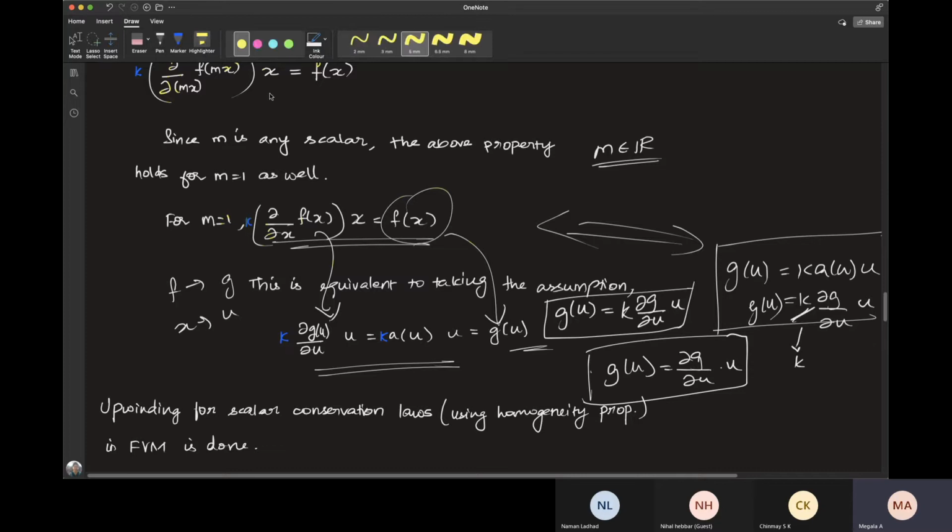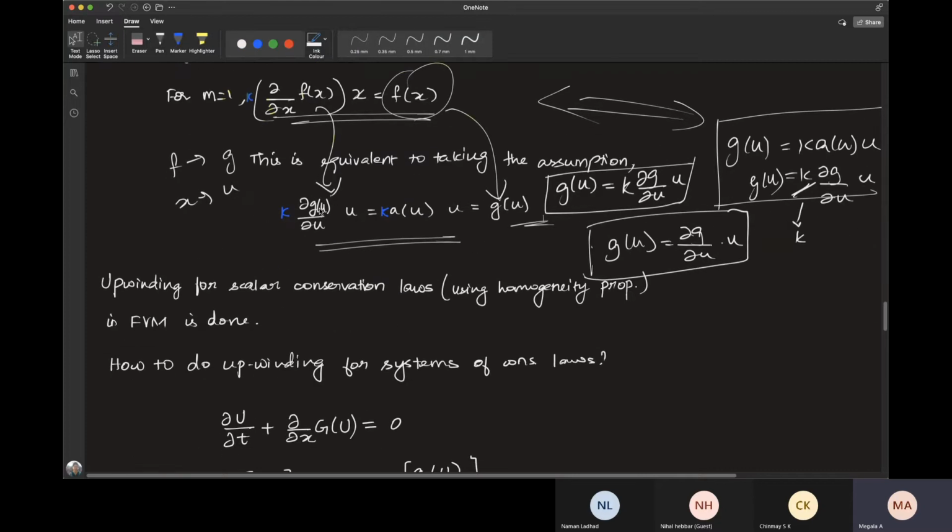In this way, upwinding for scalar conservation laws is done in the finite volume method, and yes, this will hold only when the fluxes in our conservation laws satisfy this property. Certain types of fluxes will not satisfy this property, and for such fluxes we cannot do upwinding in this manner.